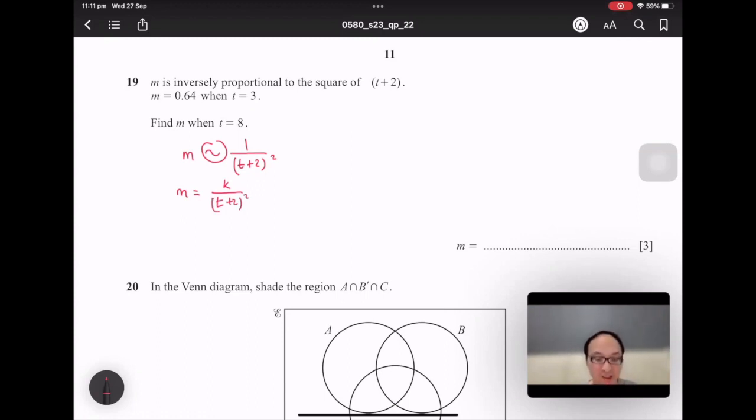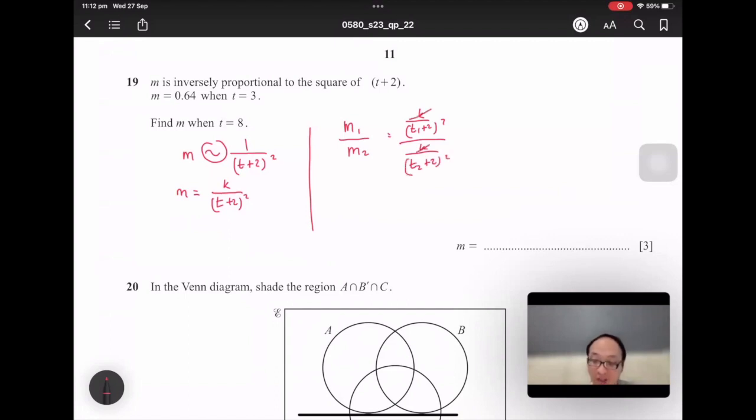M is 0.64 when T equals 3. Find M when T equals 8. So we can just compare the two equations without finding the k. So M1 over M2 equals k over (T1 plus 2) squared over k over (T2 plus 2) squared.